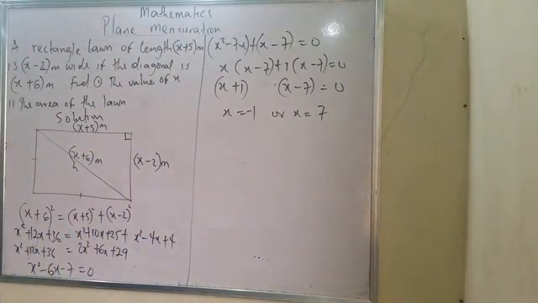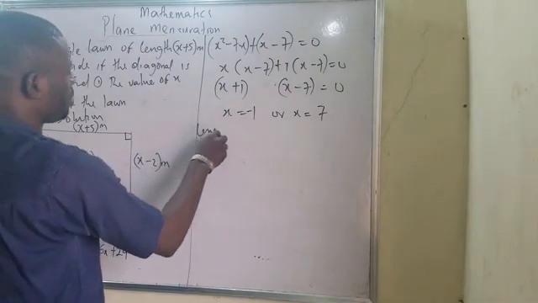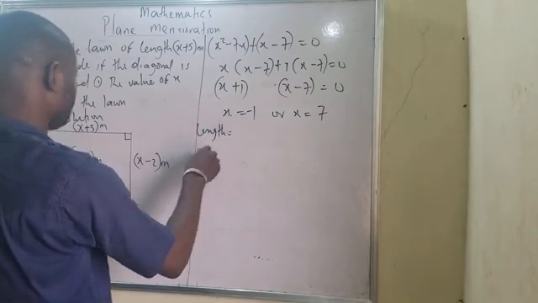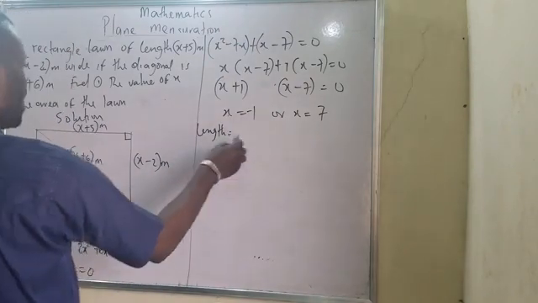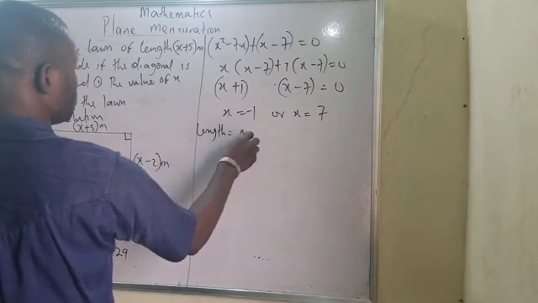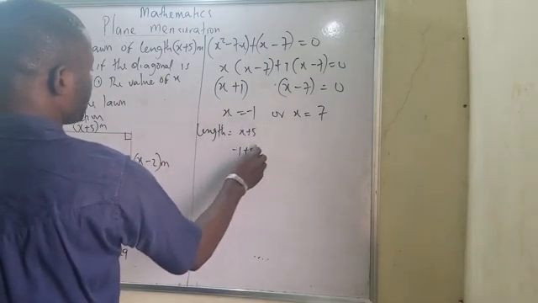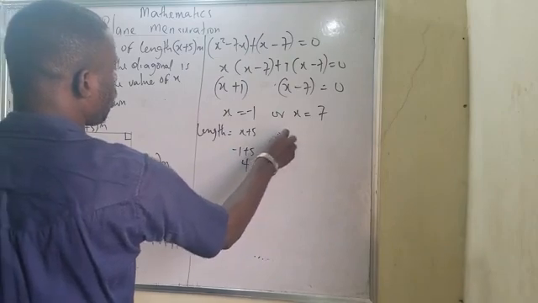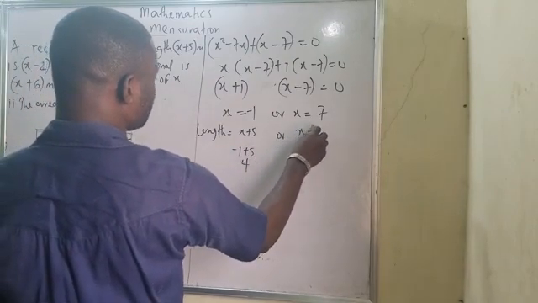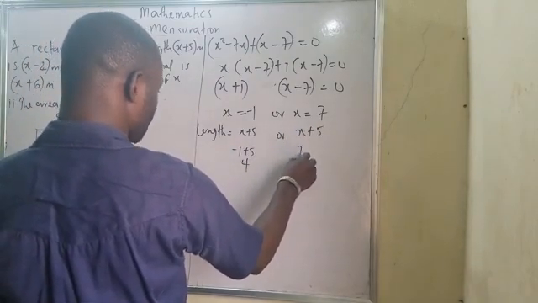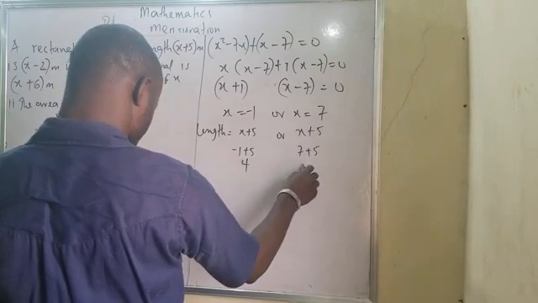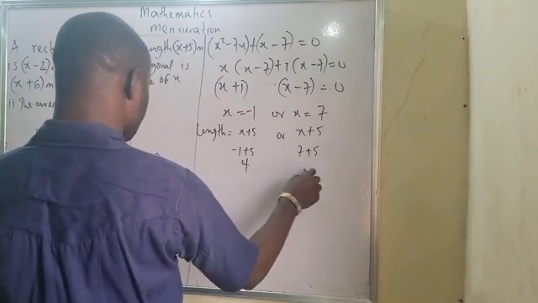Now, I can move on by finding the length or the breadth, anything you want to do now. You can generate it by having length equals to x plus 5, which is going to be minus 1 plus 5, which is going to be 4, or x plus 5, which I have 7 plus 5, which is going to be 12.